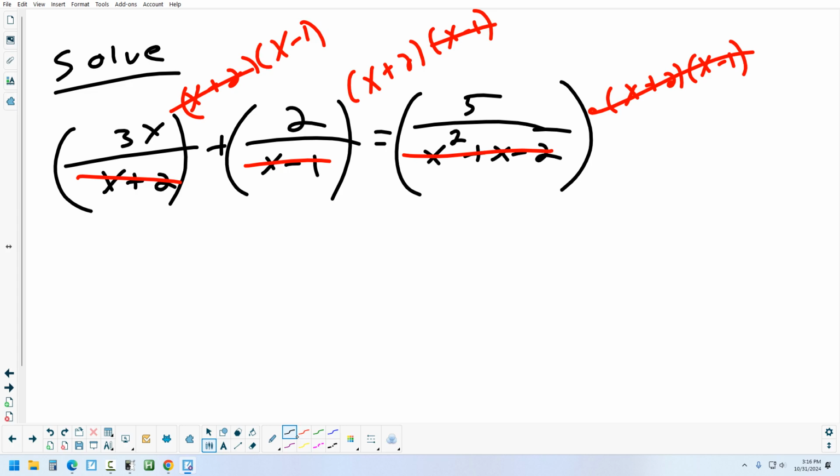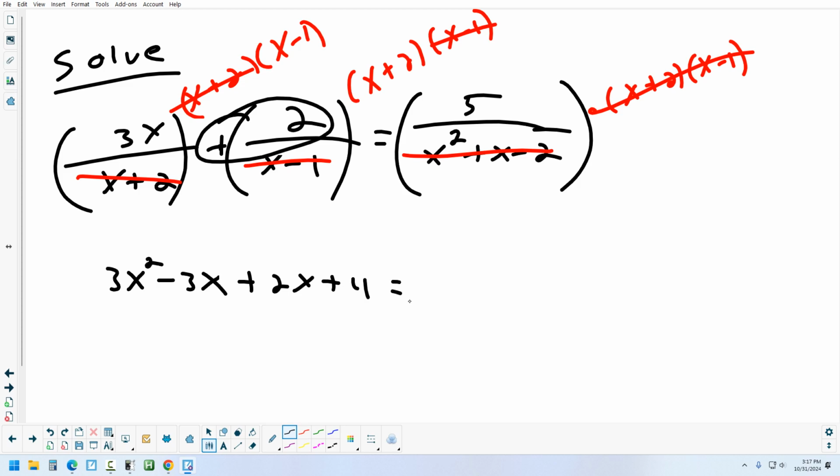What do we get when we simplify the first fraction? 3x squared minus 3x. Second fraction, and just be careful because if this was a negative, you're distributing that to what you have. But it's a positive. So 2x plus 4 equals, and what's the only thing on the other side?